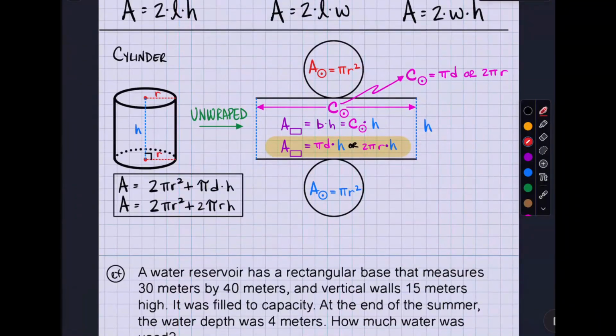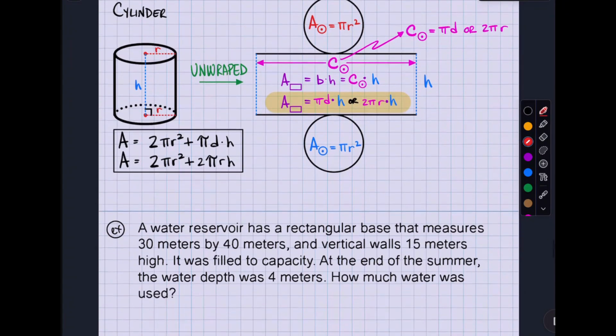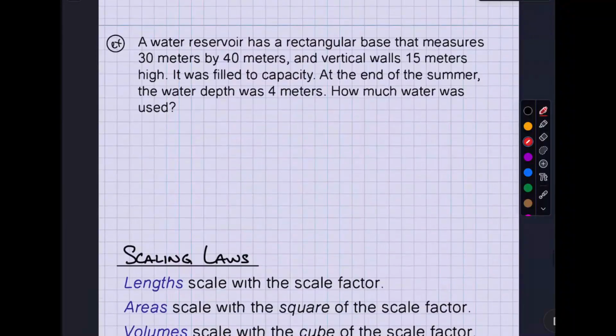If I cut it down and open it up, you have the rectangle, and you have the circle on top and bottom. So that is what the surface area would be. Everybody see that? Okay.